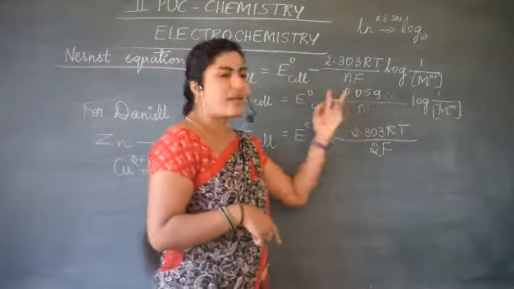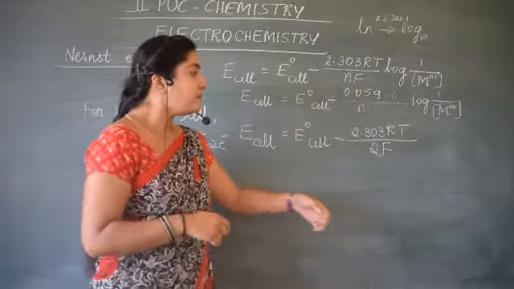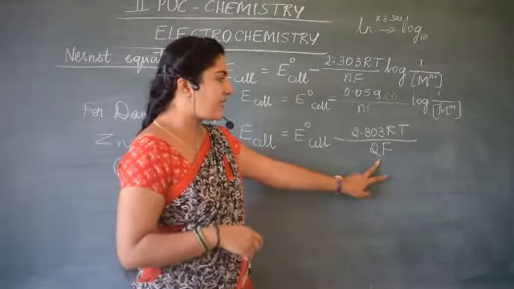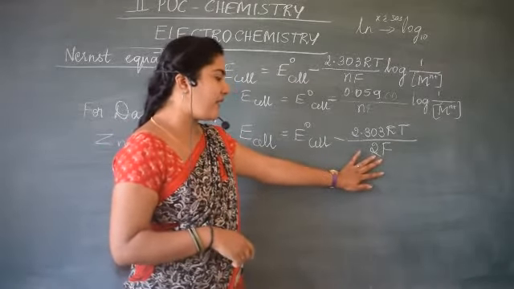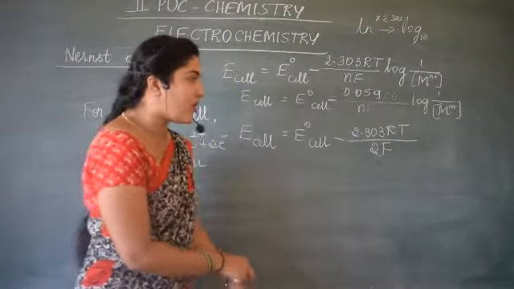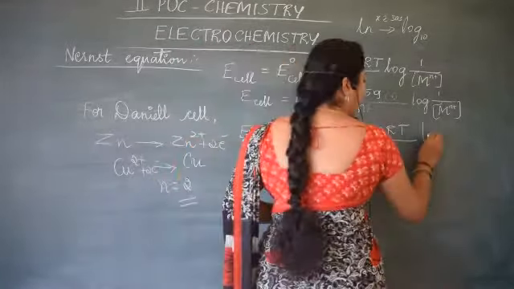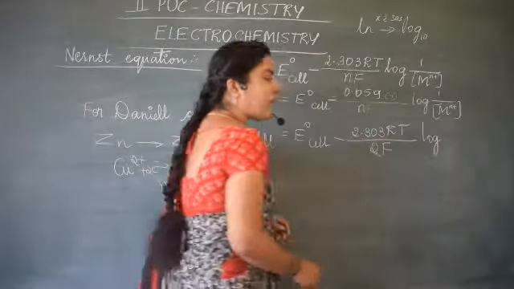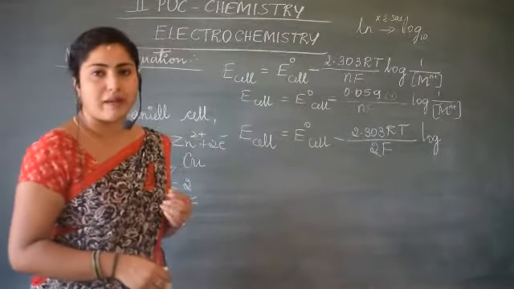Even using that you get 0.059. So if we write it in terms of 2.303 RT divided by 2F, where F is Faraday's constant, into log of the concentration of metal ions.